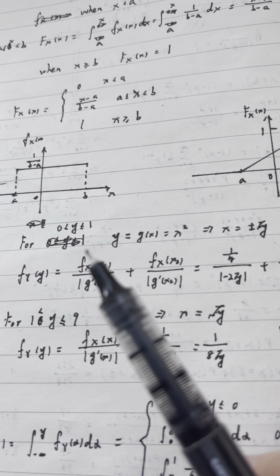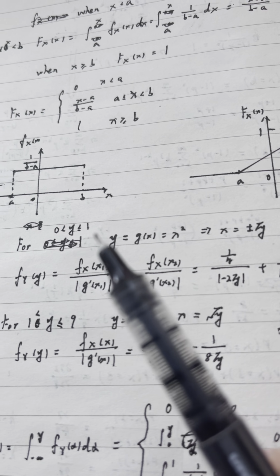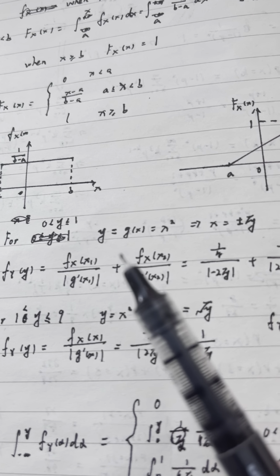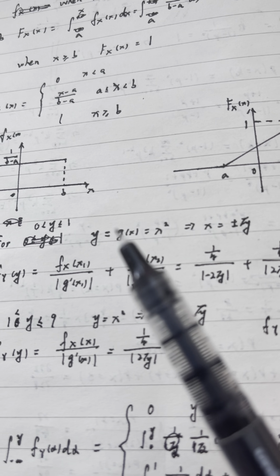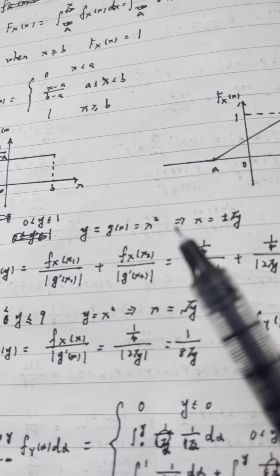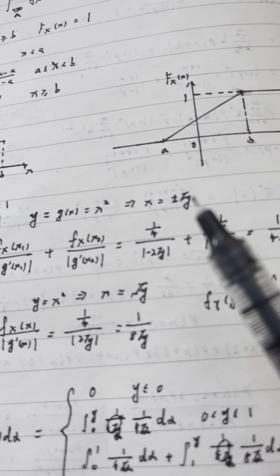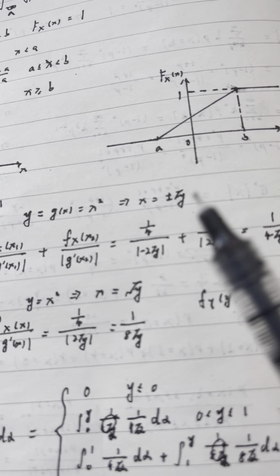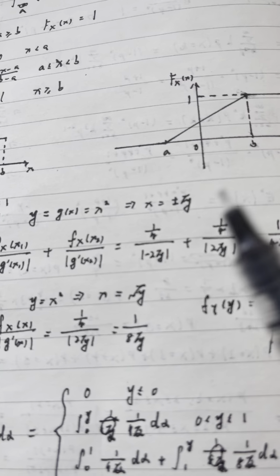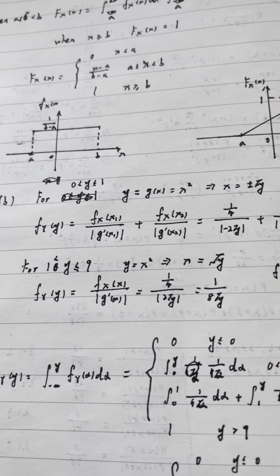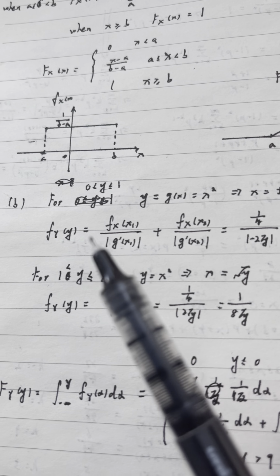First, for y larger than 0 and smaller than or equal to 1, we can derive that y equals x squared, and from that x equals either square root of y or minus square root of y. So it has 2 roots, and we have to use the fundamental theorem with the 2 roots situation.